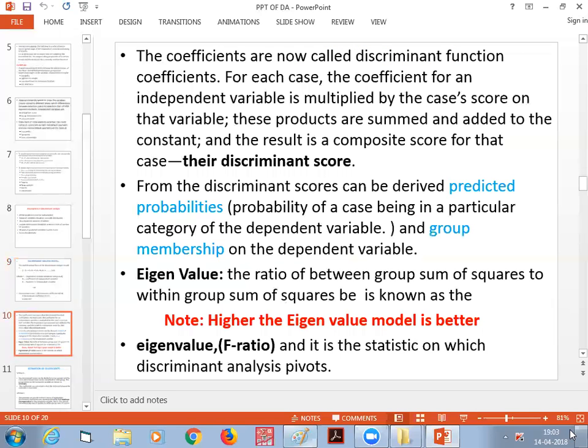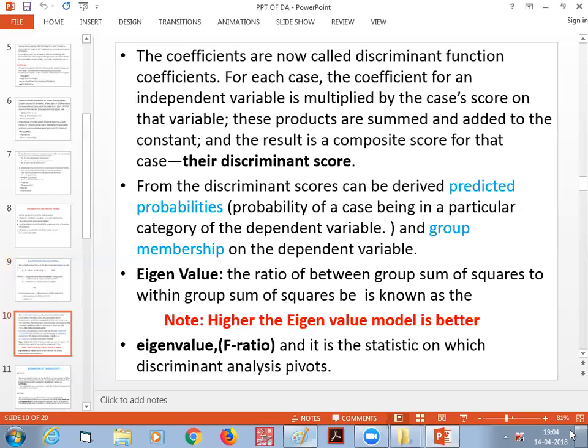See, from the discriminant scores, predicted probabilities can be derived. That means having the discriminant score y values, we can find the probabilities. What does it mean? What is the probability that this customer is going to be a buyer? What is the probability this customer is not going to be a buyer? Who is interested in that?